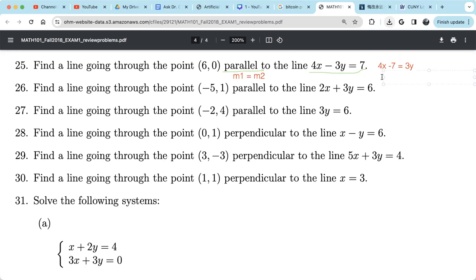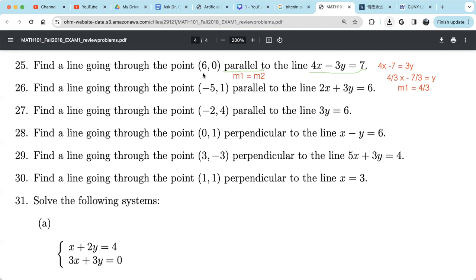So we get 4 divided by 3 x minus 7 divided by 3. We get a slope, let's call it M1. So we see M1 equals 4 over 3, right? Because M2 equals M1, we just use the slope 4 over 3 for the line we need to find.